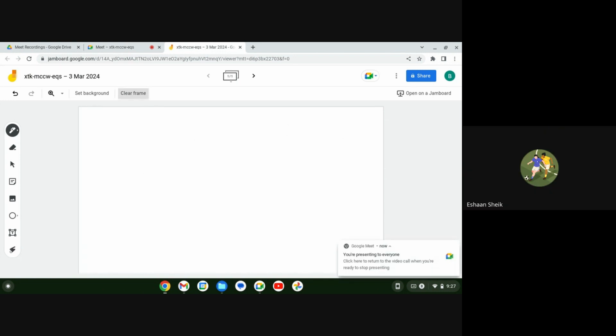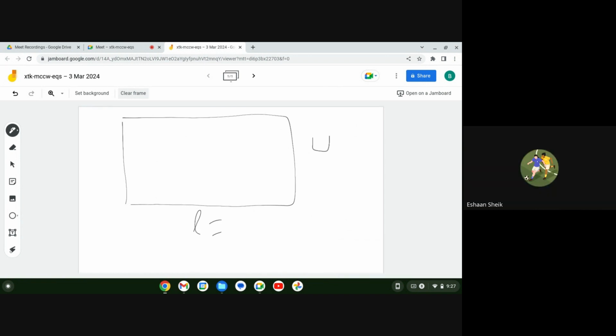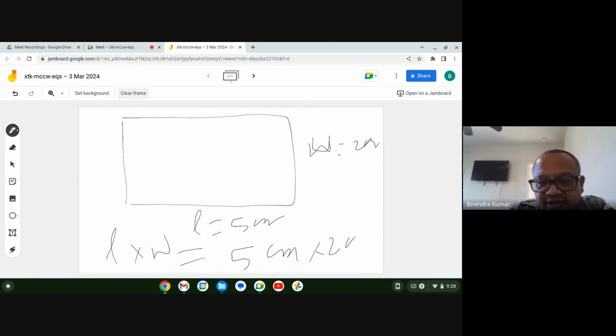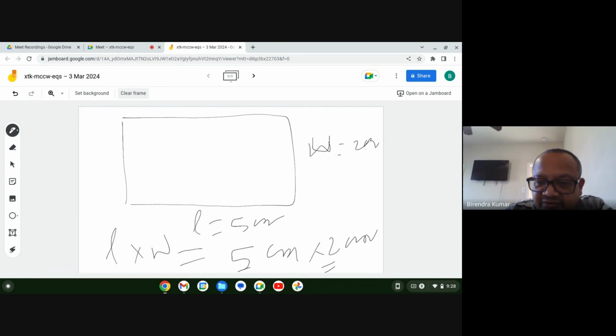Now let's look at this formula. Rectangle, this is length and this is width. Here length is, let's say, 5 centimeter, width is 2 centimeter. So when you're saying length into width, you are saying 5 centimeter into 2 centimeter. Here 5 and 2 are numbers, you can multiply them, that becomes 10. What happens to this centimeter and this centimeter?